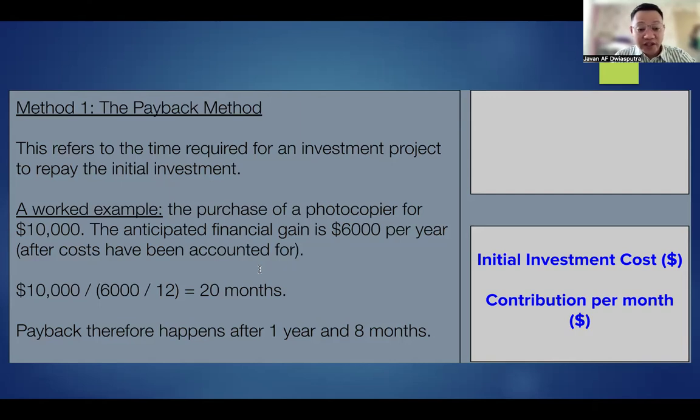From a business perspective, managers would now decide whether 1 year and 8 months is an acceptable level of risk and liquidity, depending on the company's financial objectives, of course. This method is popular because it is simple, quick, and easy to understand, especially for small businesses and short-term investments.